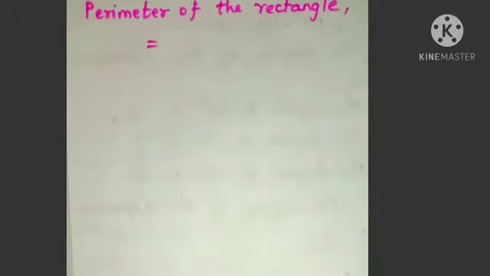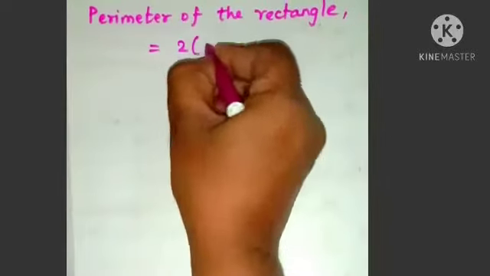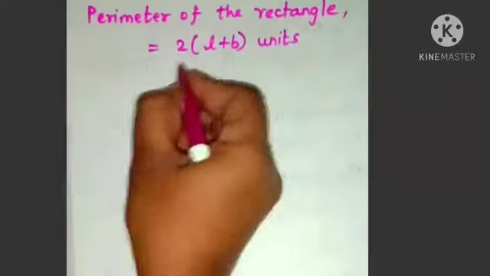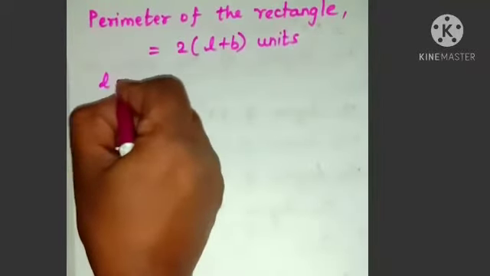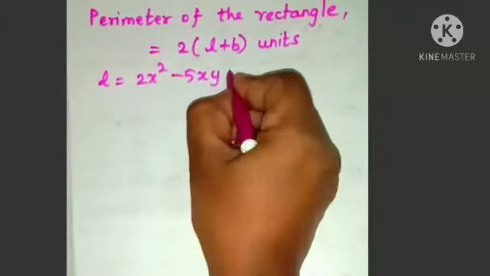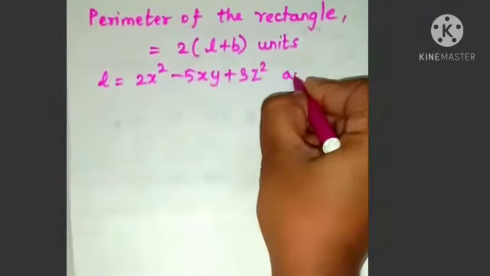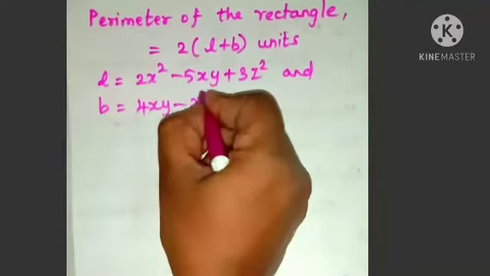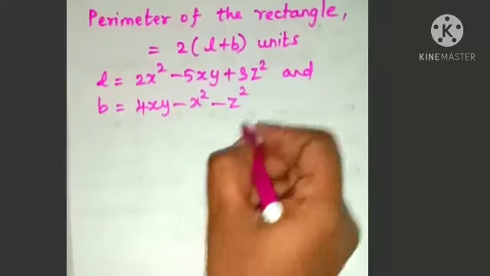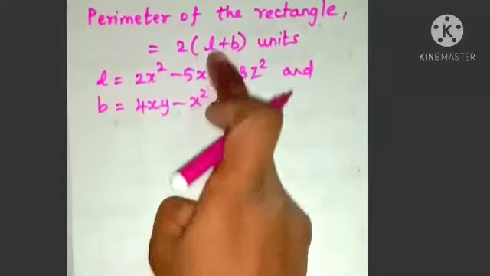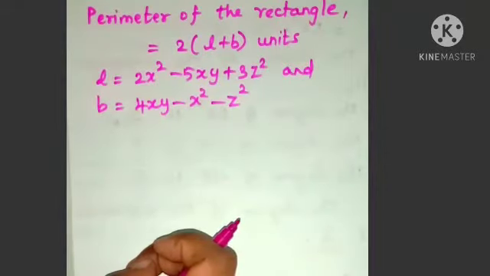Friends, we know that the formula for the perimeter of a rectangle is 2 into (length plus breadth) units. Now we know that L is 2x squared minus 5xy plus 3z squared and B is 4xy minus x squared minus z squared, and here we need to substitute L and B in the formula 2 into (L plus B).